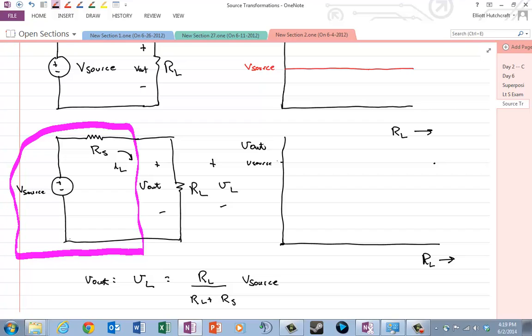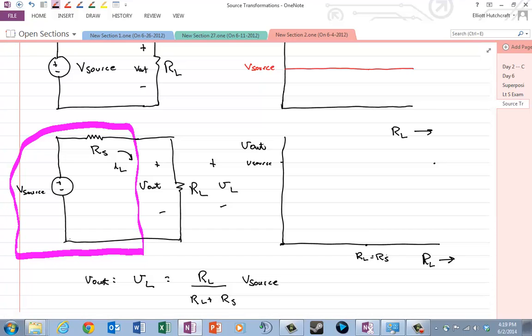When RL is equal to RS, the source resistance, I'll get RL over RL plus RL, so RL over 2RL.